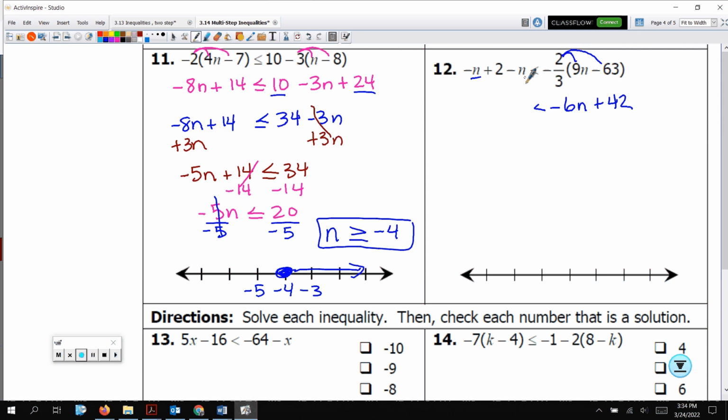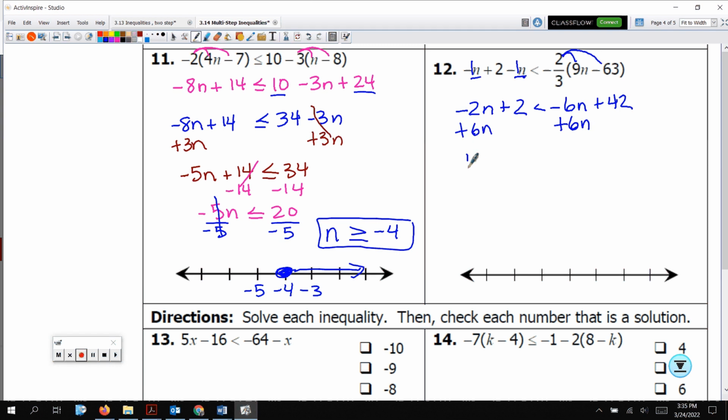Notice I have two like terms already in the inequality. There's ones here, right? That's negative 1n and negative 1n. Well, negative 1 and negative 1 is negative 2n. And I bring down my positive 2 here. All right, I don't have any other like terms. That was it. So I figured I'm actually going to knock it out. Now I want to move this 6n to the left side. Since it's negative, we're going to add.